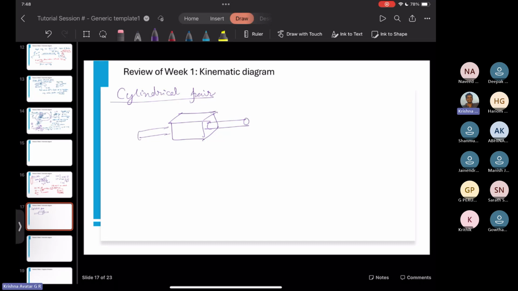This is body number 1 and this is body number 2. Say body number 1 is fixed or grounded, and this can move, and this can rotate as well as translate.